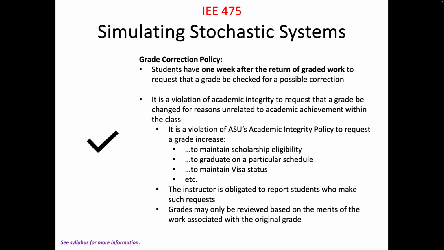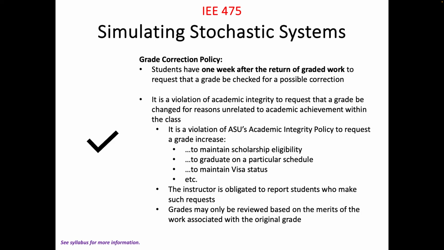And if you do request a grade change, note that the ASU policy is that if it's not about the merits of the assignment, then it's academic dishonesty, and I'm actually obligated to report it. So if you were to say, I know I did poorly on homework G4, but if I would just get 5 more percentage points, it would increase my grade and I'd get a bonus on my scholarship or something like that, that's academic dishonesty, and I have to report it.